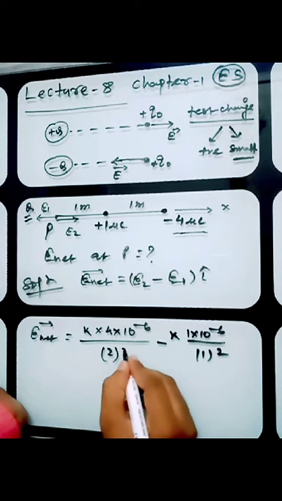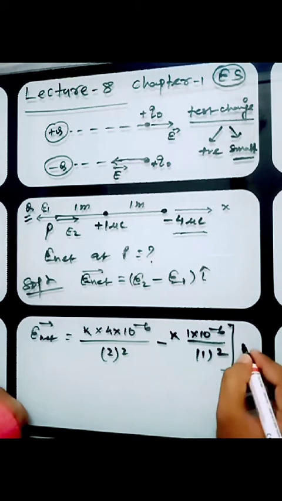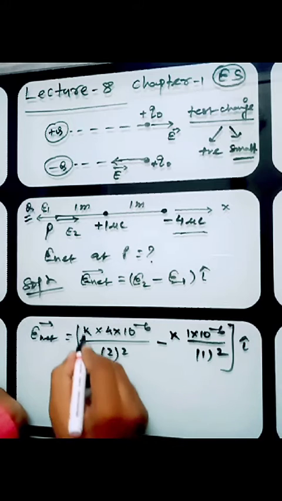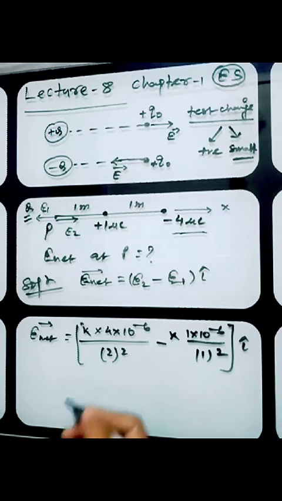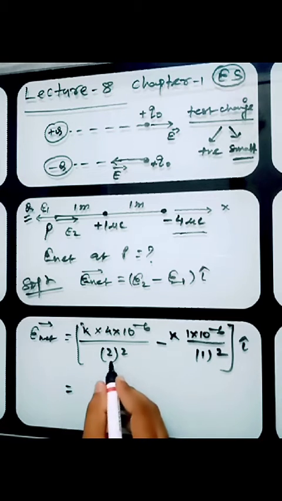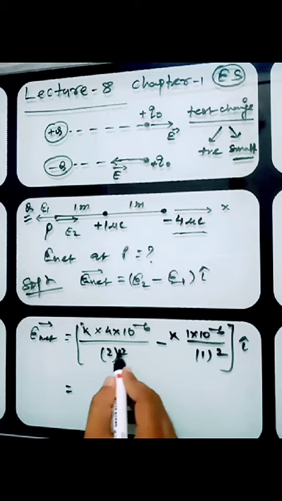It is 2 square, Newton per coulomb, direction I cap. Now you can solve this. The 4 will be cancelled out.